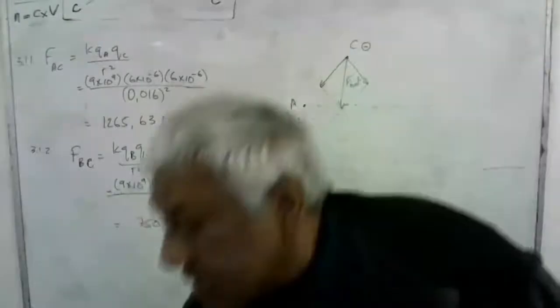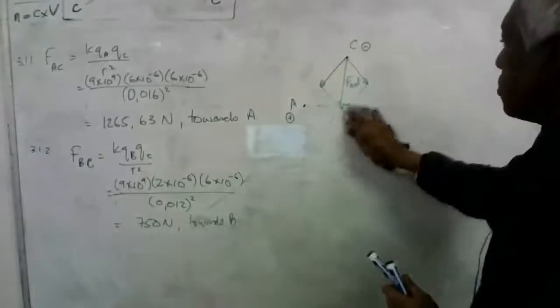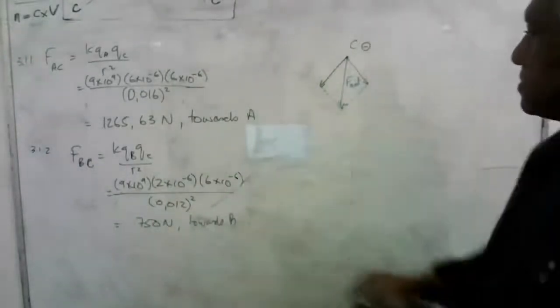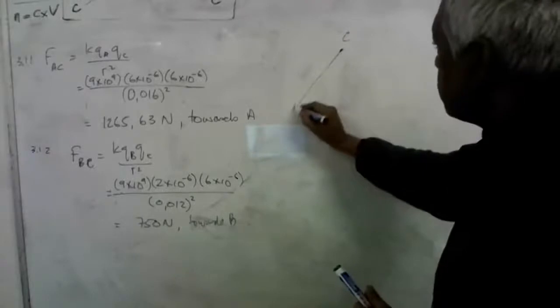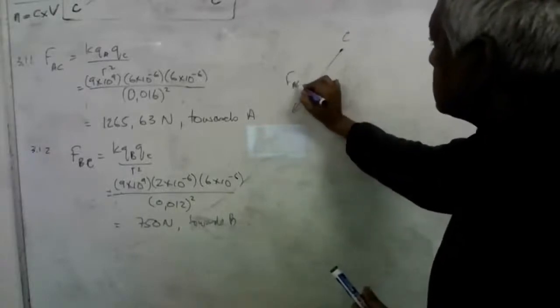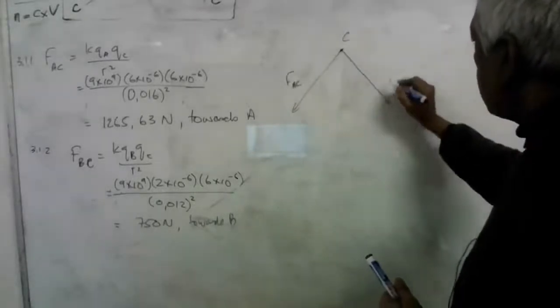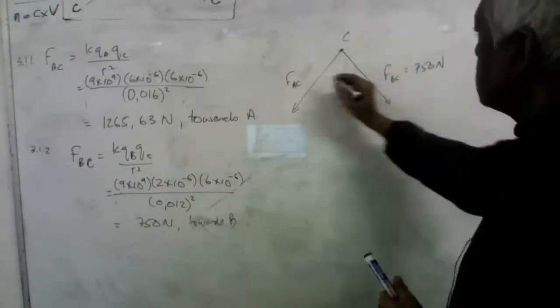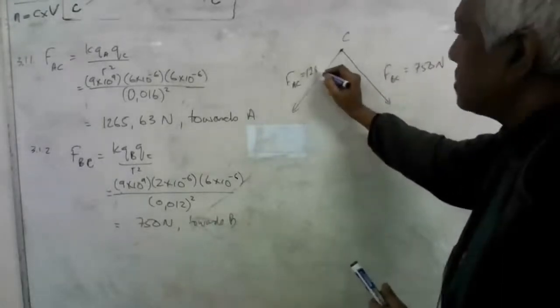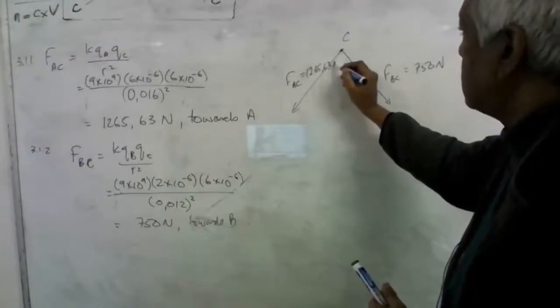So always draw your free body diagram. Right, so I'm just going to enlarge this free body diagram so that it's easy for you to see. Right, so C is there, and you have that's a force of AC, and that will be the force of BC, which is 750 Newton, and this is 1265,63 Newton.